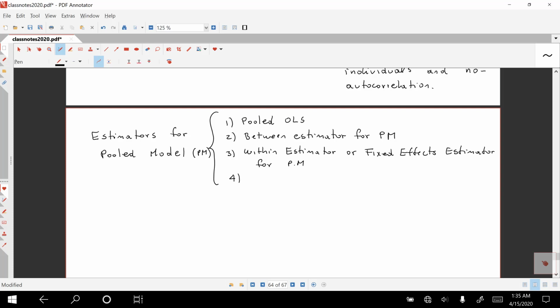Then we'll talk about the first difference estimator for the pooled model. And finally, we'll talk about the random effects estimator for the pooled model.